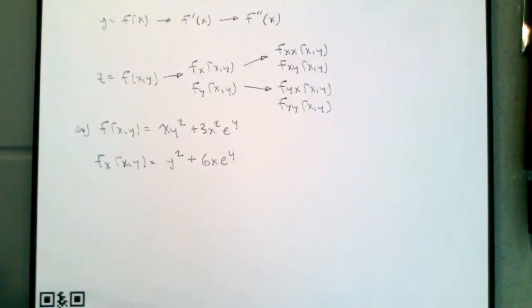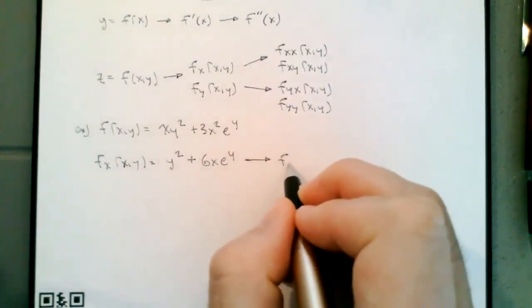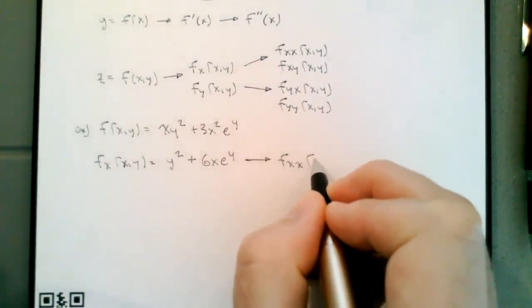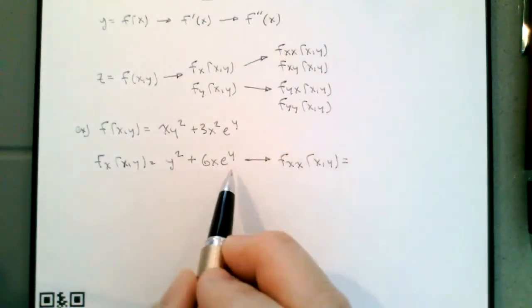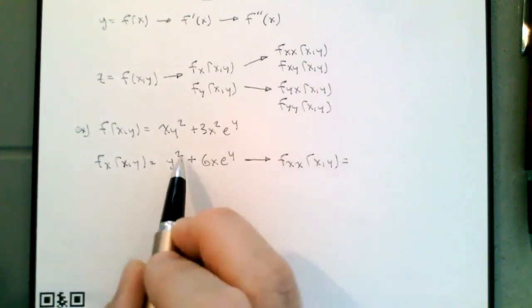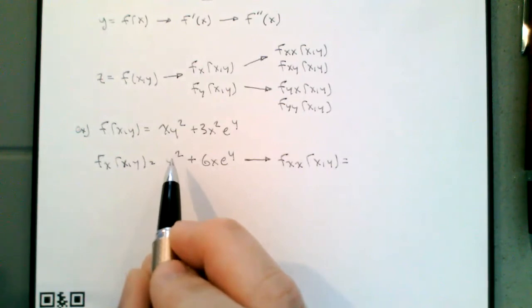Now, if I want to go on from here, if I want to find fxx at xy, I start with fx and take the derivative with respect to x. Y squared is now a constant term, so the derivative of y squared is equal to 0.